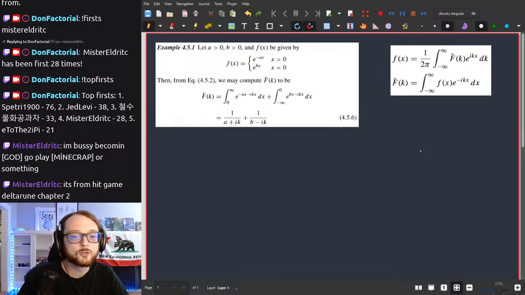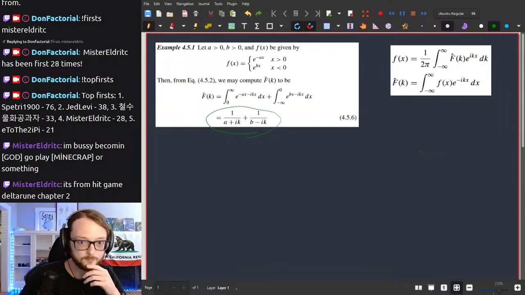Okay, so we should theoretically be able to take this result of the Fourier transform, plug it in here, and get the original f of x back.